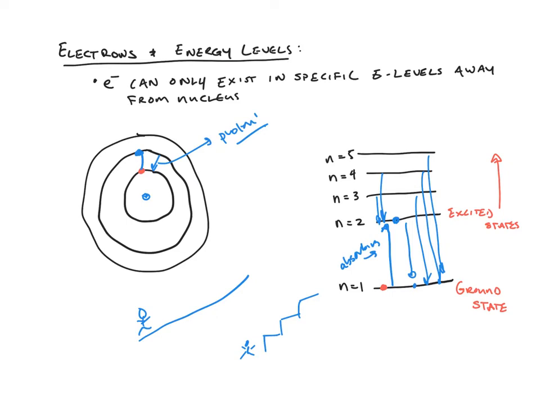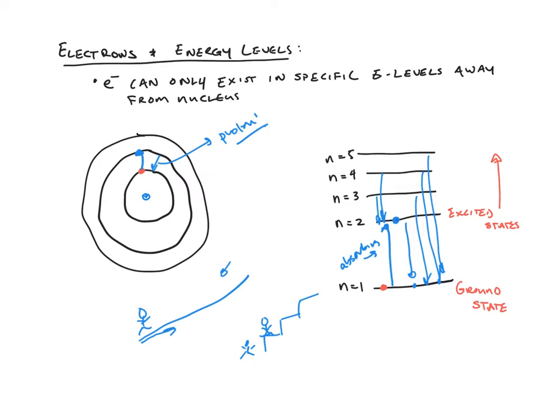Because on a ramp you can be at any height along the ramp, your potential energy can take any value. But on stairs, you can only have very specific height values. You can be on the bottom stair, you can be on the first stair, but you can't be in between the bottom stair and the first stair. You can't be in between stairs. So your potential energy can only correspond to specific heights, which means that your potential energy is quantized.